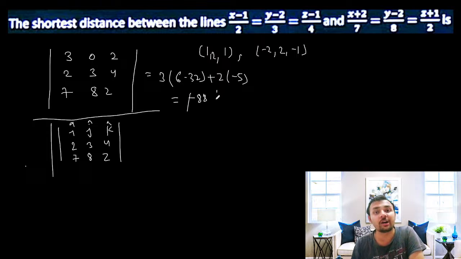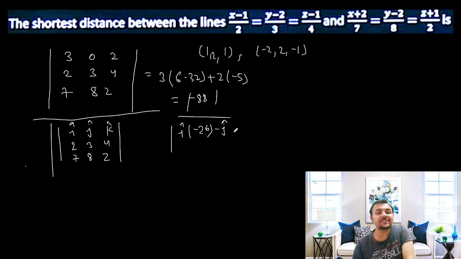So it will be mod. Now we calculate i cap: 6 minus 32 is minus 26. Minus j cap: 4 minus 28 is minus 24. Plus k cap: 16 minus 21 is minus 5.